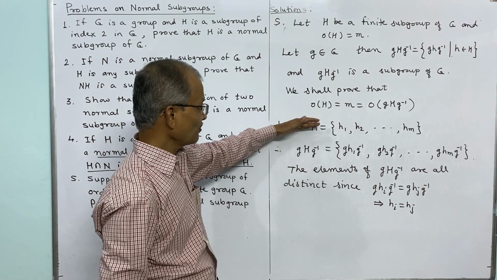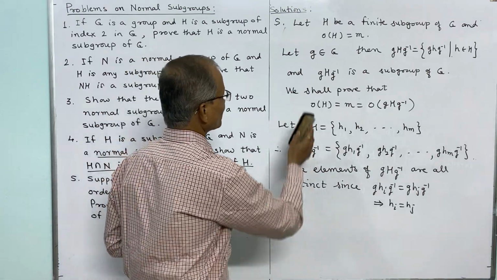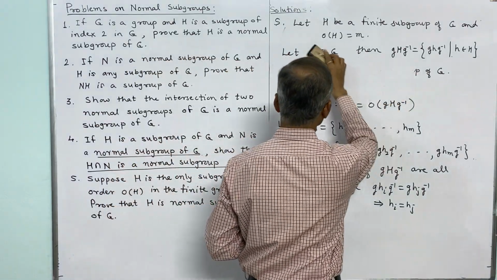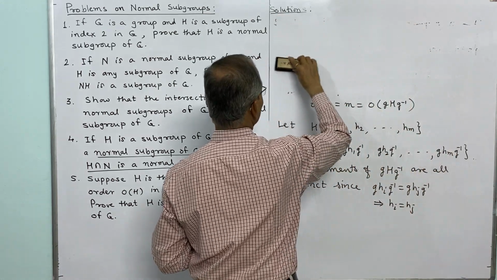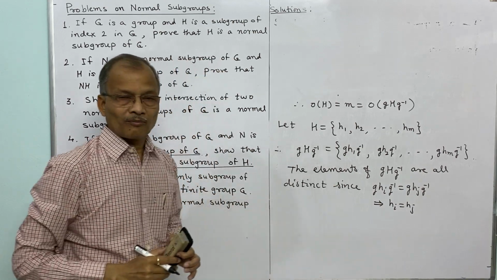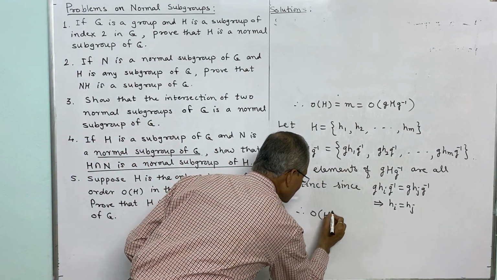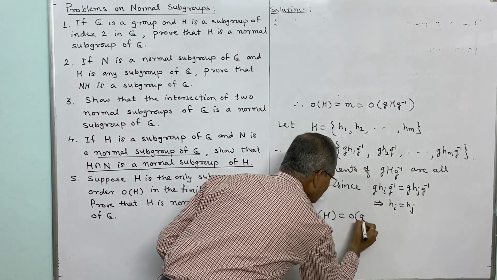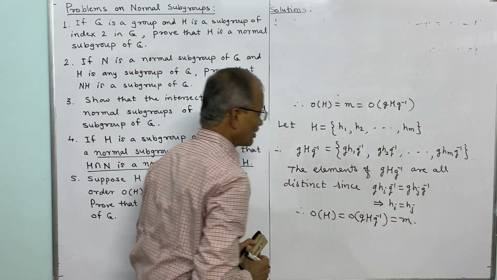This shows that the number of elements in both sets is the same, and therefore order of H is equal to order of gHg inverse, which is equal to M.